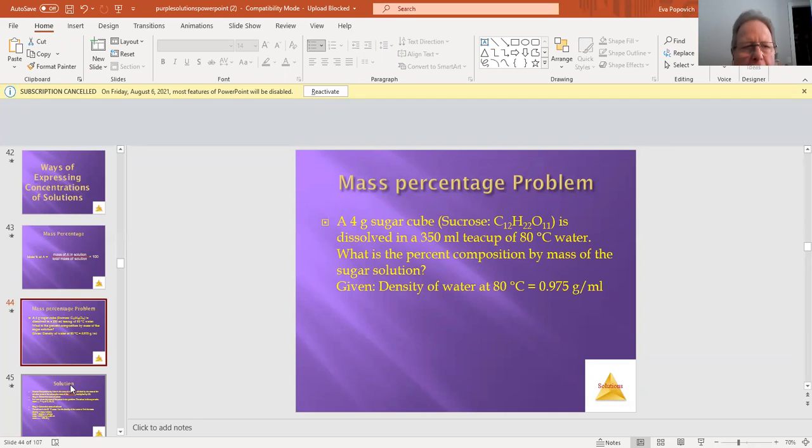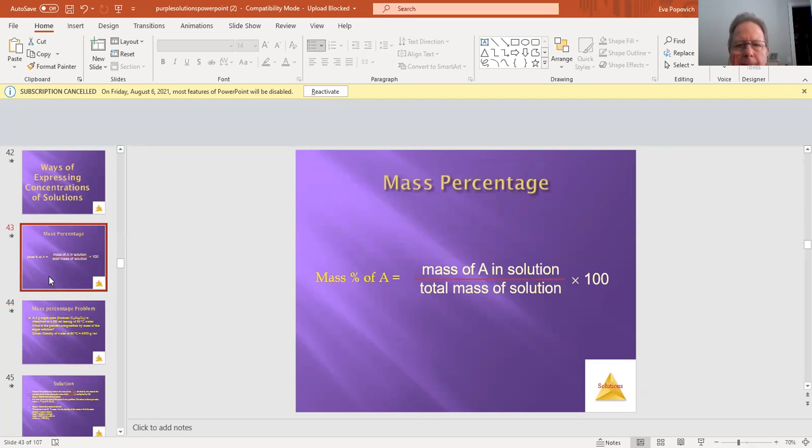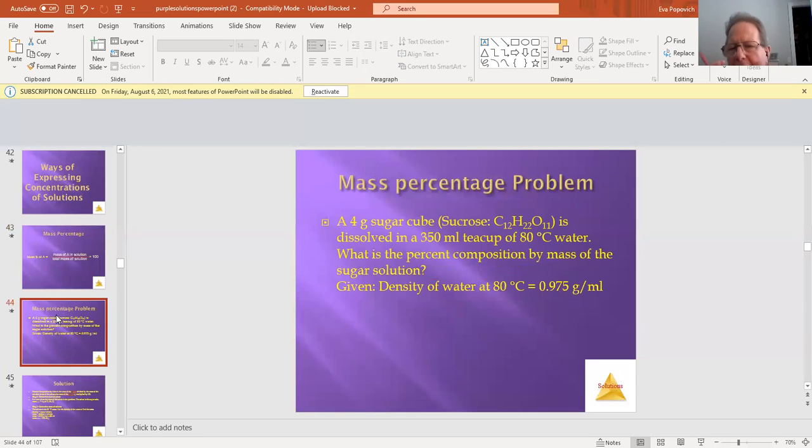Do you know what mass percent is? I just defined it. Mass of your part divided by the total mass of your solution. Do you have the mass of your part? Do you have your mass of your sugar? The mass of the sugar is 4 grams.